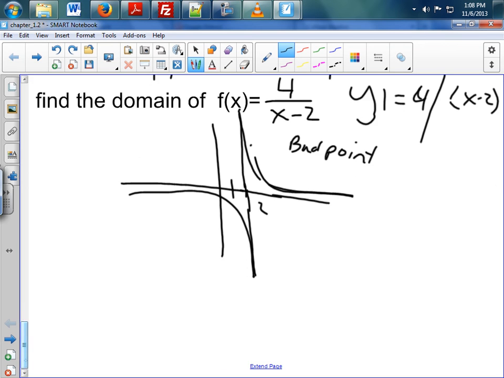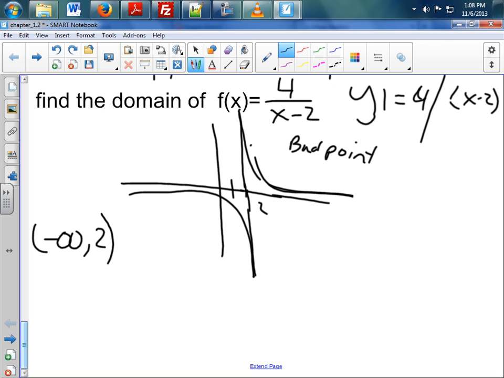So the $1 million question here is, what's the interval notation for this? It goes from here all the way to here, goes from here all the way there. And it can't include 2. Negative infinity up to 2, because it gets very, very, very close to 2.